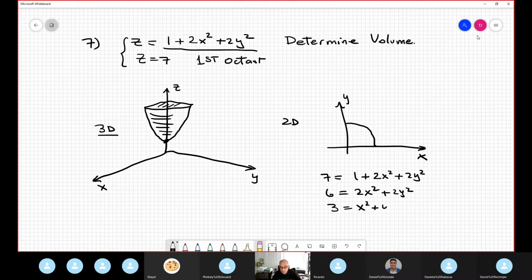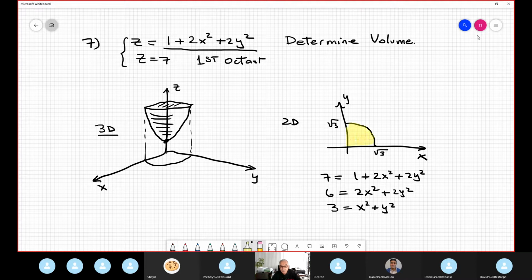Your identification is clear: the intersection between the paraboloid and the plane is a circle. That circle, a quarter circle, has radius radical 3. And this is our region in 2D.